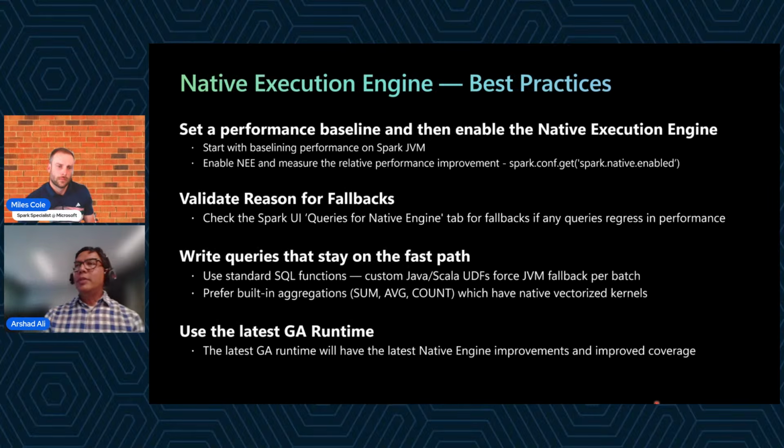In terms of best practice, what we recommend to customers is to first create a performance baseline by running their workload on the JVM engine, the standard engine that Spark supports, and then enable the native execution engine, rerun the workload, and capture the metrics to see the performance gain.